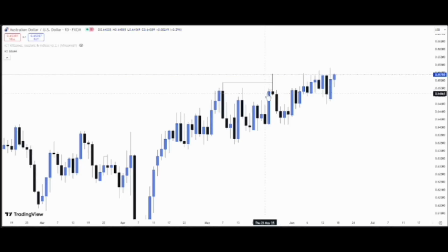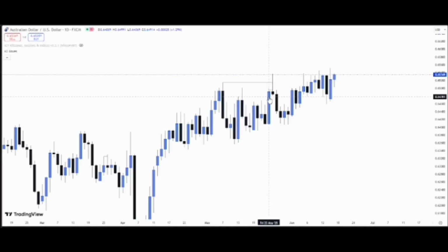But one more thing, before you pull your trigger, make sure that it is within the London or New York kill zones. Very important. You don't want to trade before the opening of the London kill zone or the New York kill zone. This is very crucial.